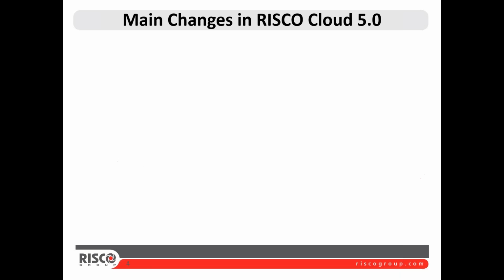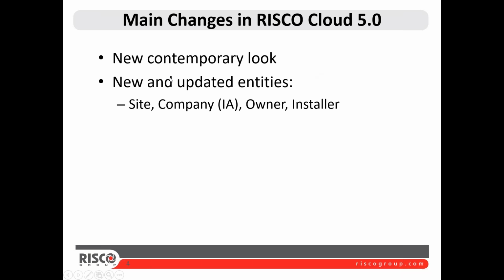Okay, the main changes within the RISCO Cloud version 5 will be in terms of the way that it looks. Some of you may have already seen some images, but we also update the way in which the cloud looks at a panel or a site.